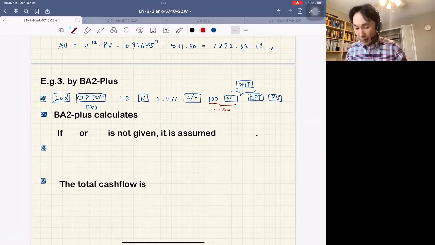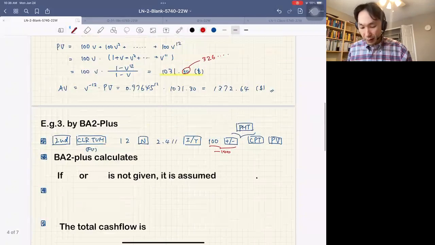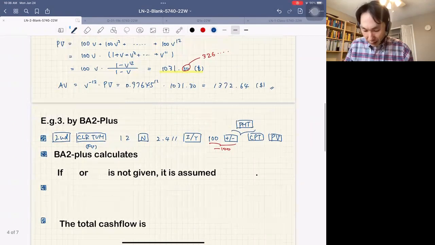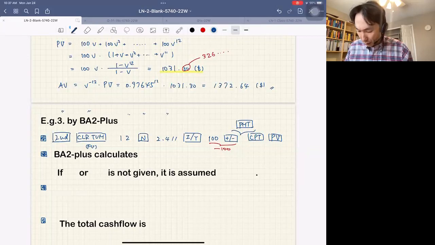Maybe another calculation. If we want to calculate the accumulated value at once, you can do almost the same thing. Maybe you have to start over again. So second clear TVM, 12 N, 2.411 I over Y, negative 100 payment, and compute FV. Then you get this one.